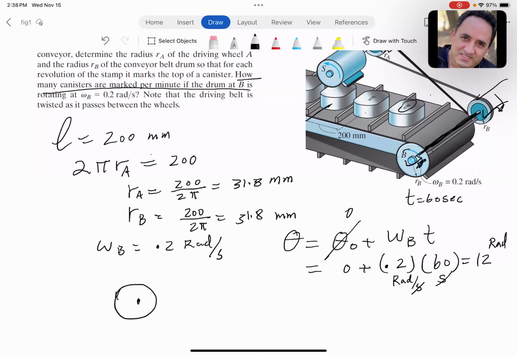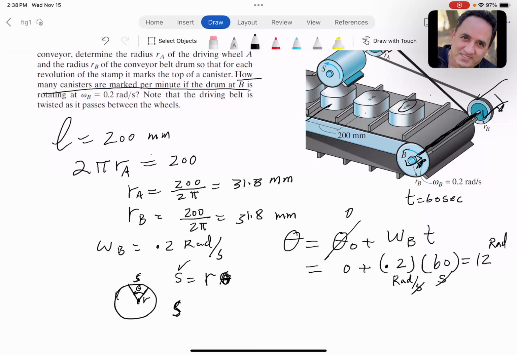Now we know that this wheel is going to go through so many radians. If this is angle theta, the arc length S is related to R: S equals R theta, and of course theta has to be in radians. So let's find out what S is.